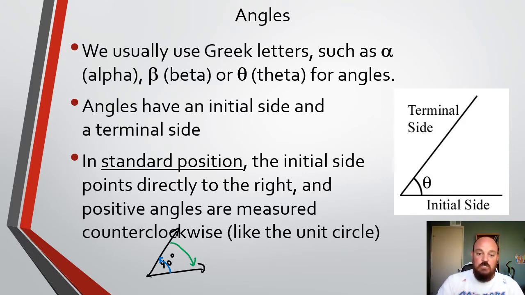So our direction of our angle is basically going this way. And this is exactly how we measure in the unit circle. We're going to do unit circle again soon. I know you guys have done it before. You probably remember some of it from last year. But this is exactly how angles are measured in the unit circle.